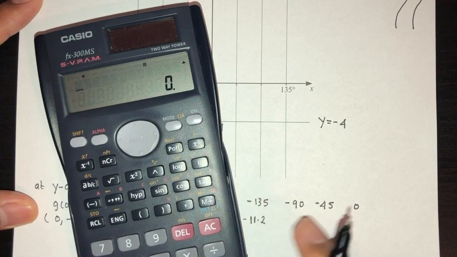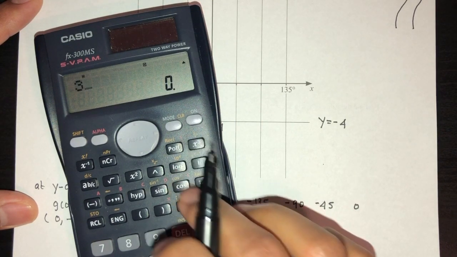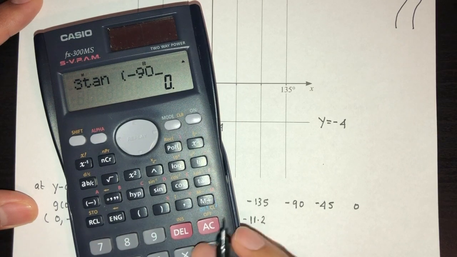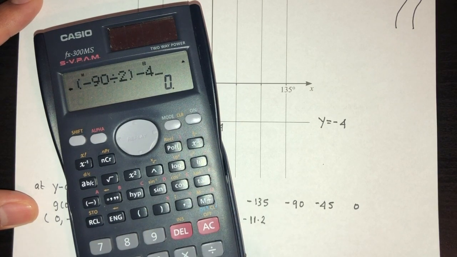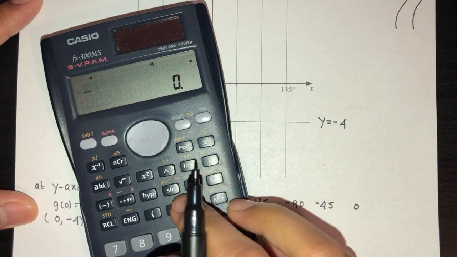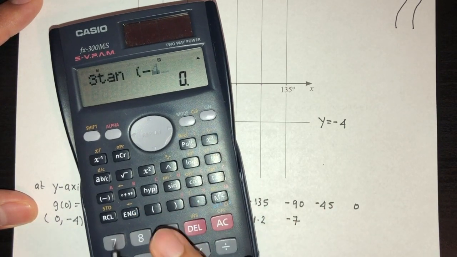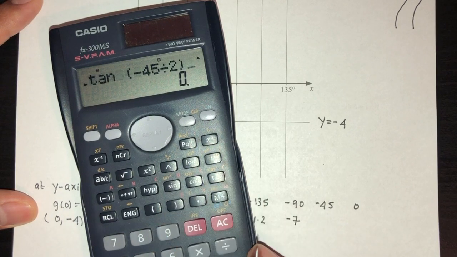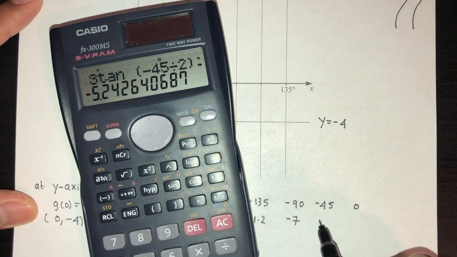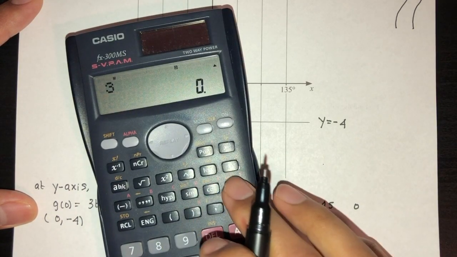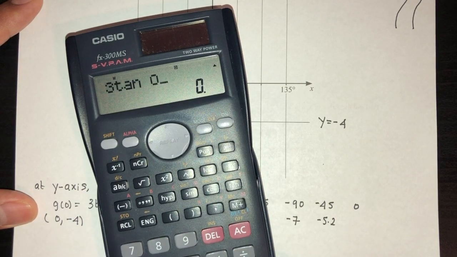Now for minus 90, 3 tan of minus 90 divided by 2 minus 4 is minus 7. Now we have 3 tan of minus 45 divided by 2 minus 4, which is minus 5.2 something, and for 0 that should be 3 tan of 0 minus 4.